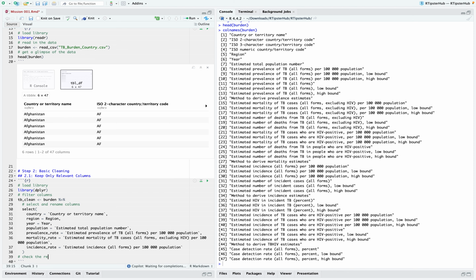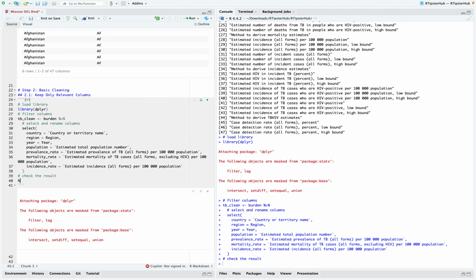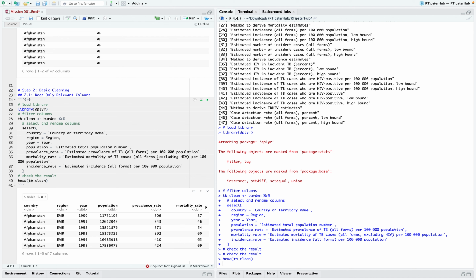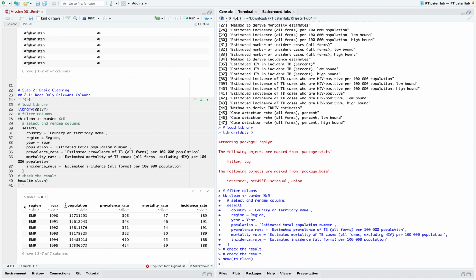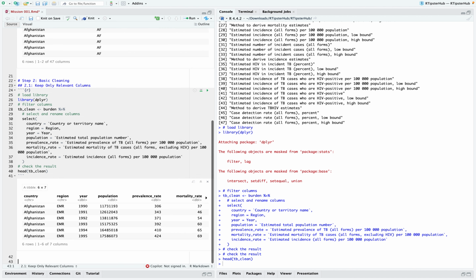If we run this, yeah, these are just messages, but it doesn't check the result. Sorry, head tb clean, and then run that. Now you see we have a more tightly packed data set, specifically focused on the suggestions given by ChatGPT. So that's how we get the relevant columns.